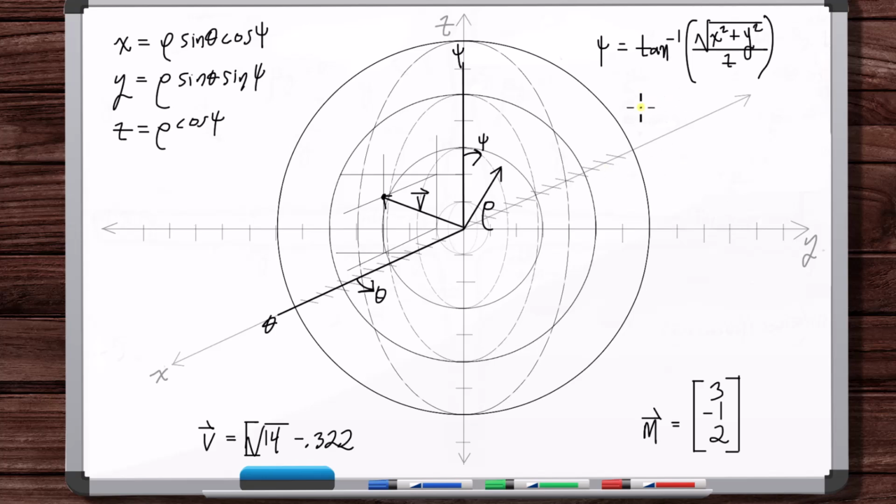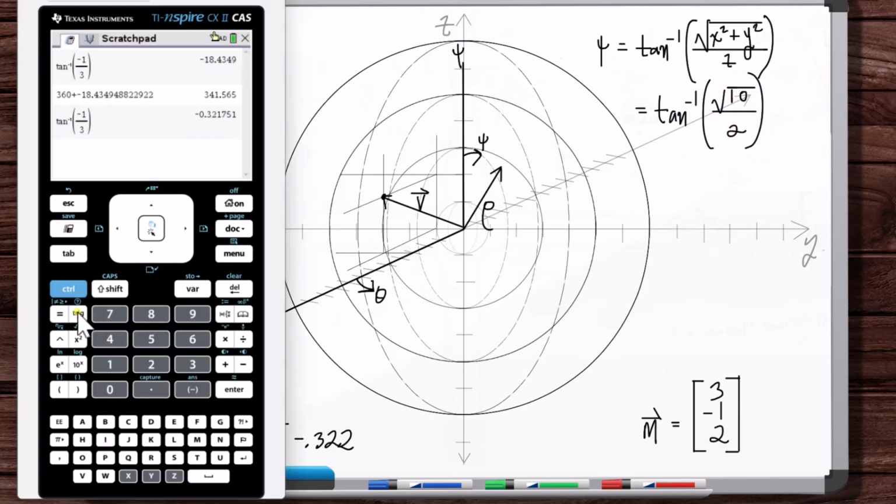That is 3 squared is 9 plus 1 squared is 1, so square root of 10 over 2. That's in radians, so let's see what this is in degrees. 57.7 degrees. So about 1 radian.